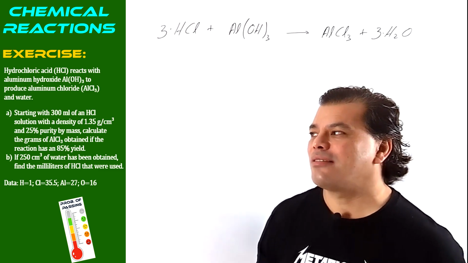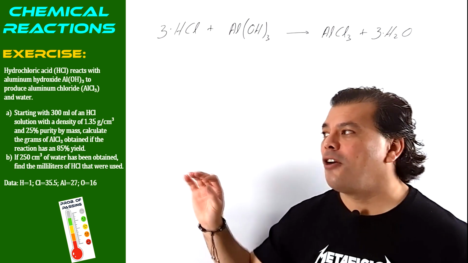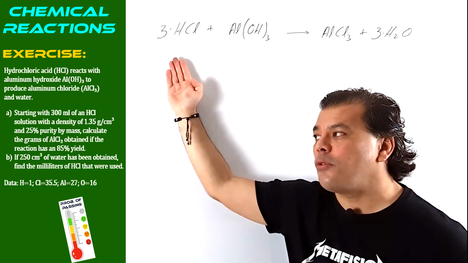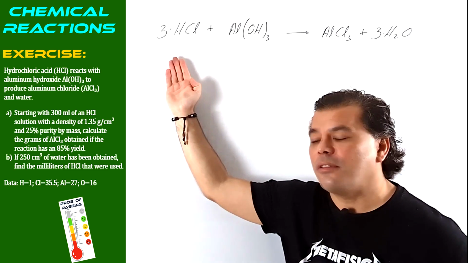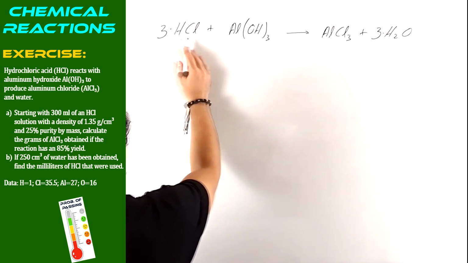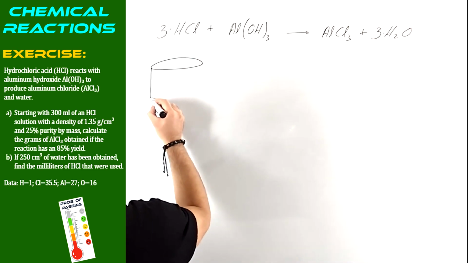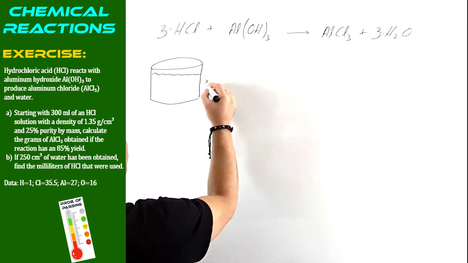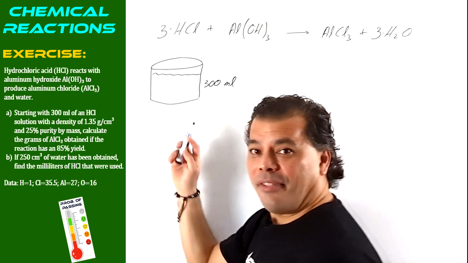And section A says, starting with 300 milliliters of a hydrochloric acid solution with a density of 1.35 and 25% purity mass. Let me draw it for you. It says that the hydrochloric acid comes in the form of a dissolution. And they say that we have 300 milliliters of this dissolution.